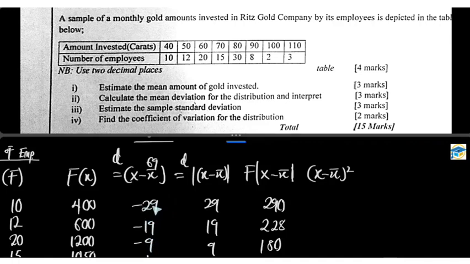So when I square negative 29, I should be able to get a value. When I square negative 19, I should be able to get a value. That's what we are talking about here in this particular case. Okay, so the square of 29 should produce a result of 841. Then it follows suit. The square of negative 19 should produce 361.